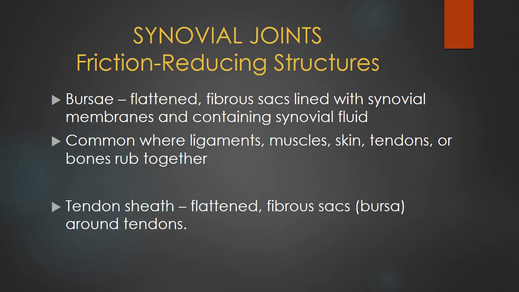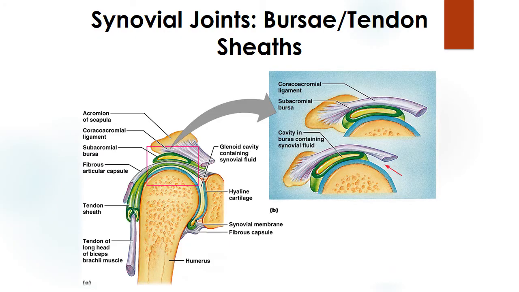These are common in the shoulder, and these are common in the hands. What these flattened fibrous sacs do is reduce friction in areas where tendons undergo repetitive motions, such as in the hands, in the feet, and in the shoulder. So here's a diagram that illustrates both of those structures.